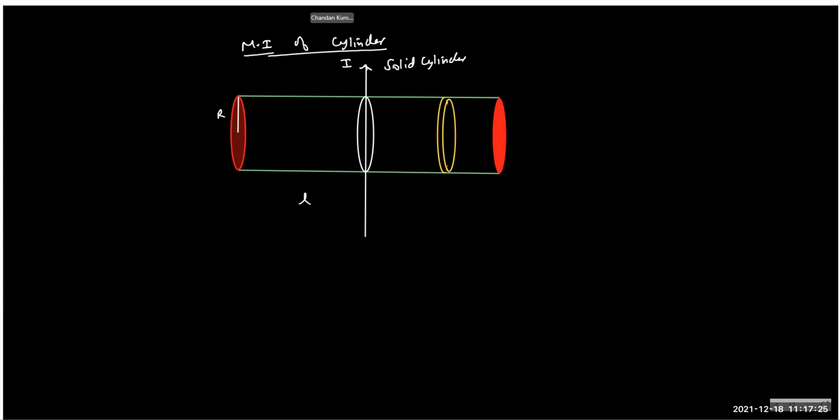So now you can see that I have cut a small portion, and this small portion is like a disc, correct?